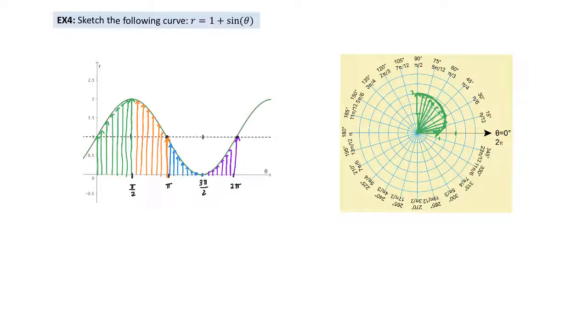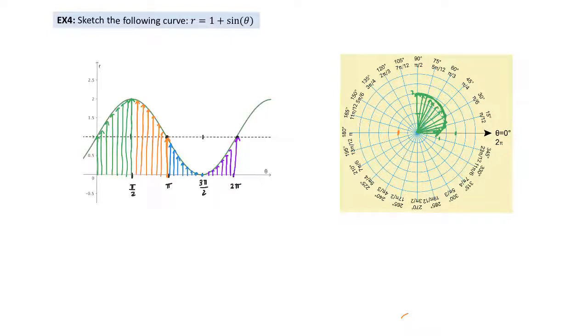All right, now let's do this part right here in orange, from pi over 2 to pi. What is so nice about this graph is that we have no negative lengths. All the lengths are going to be positive. That makes things a lot easier. All right, so from 2, we're going to go all the way to 1. So let me mark that first. Here is 1 right here. As we go from pi over 2 to pi, the lengths of these rays are going to start getting shorter and shorter and shorter all the way to 1.